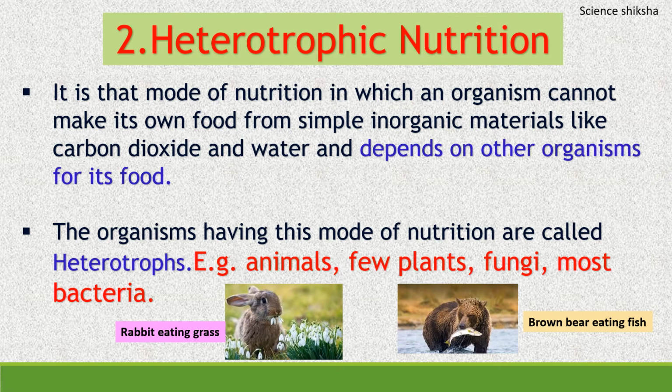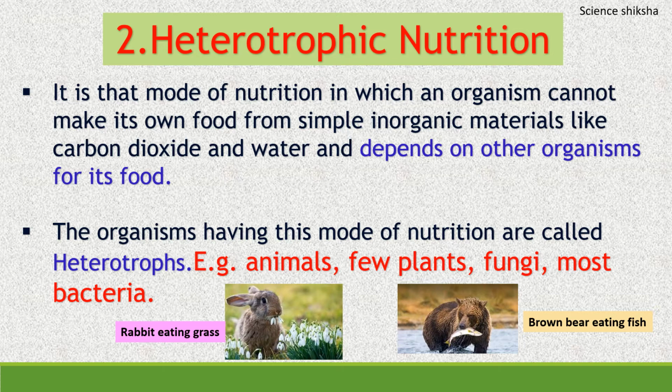Next type of nutrition is heterotrophic nutrition. Hetero means dependent on others. It means that it is the mode of nutrition in which an organism cannot make its own food from simple inorganic materials like carbon dioxide and water, and it depends on other organisms for its food.